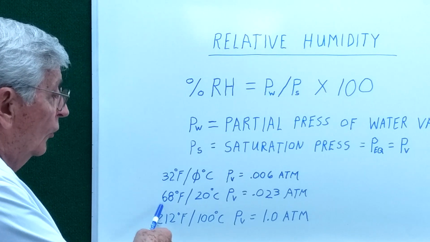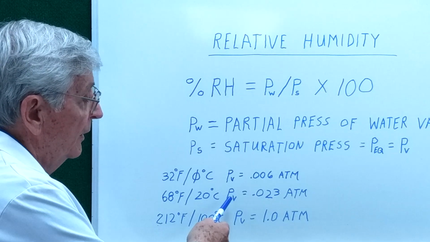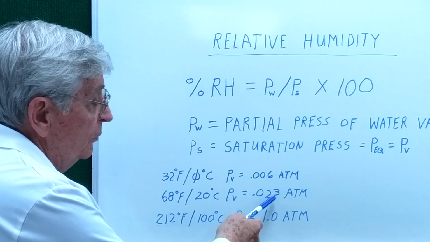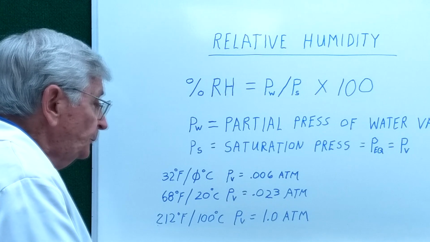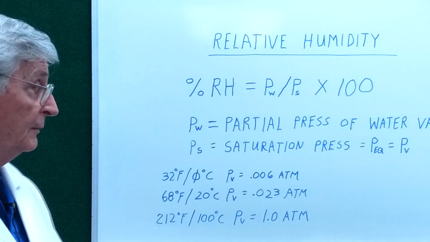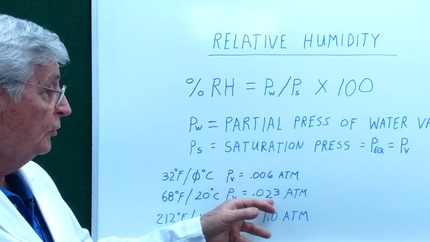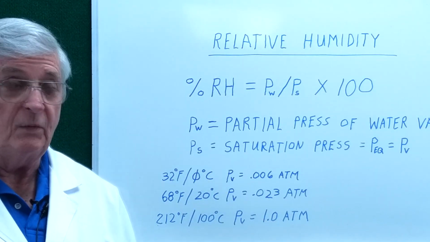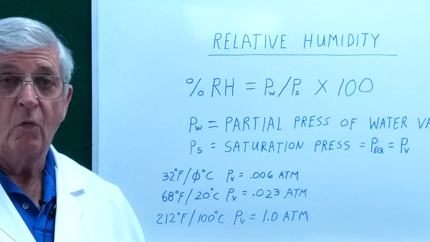At normal room temperature, the vapor pressure is 0.023, so that's 2.3% of an atmosphere. So if we were in this room and it was 100% humidity, 100% RH, 2.3% of the molecules in the air would be water vapor, assuming we had a source of water.